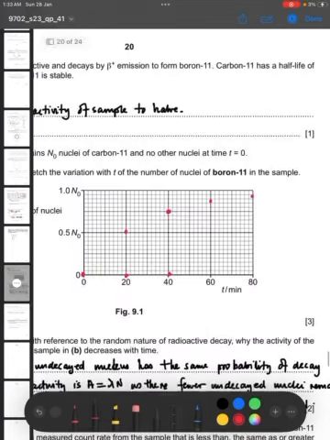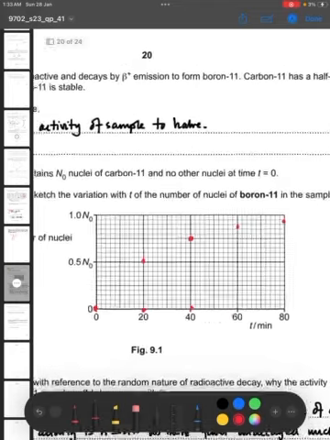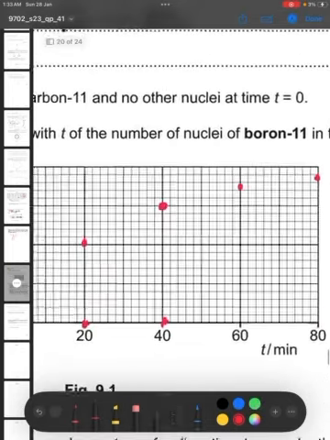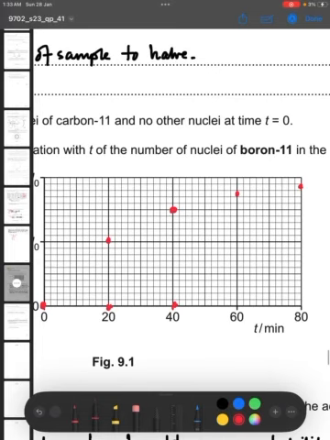So if you have to draw this graph, I think it's a nice curve that we can come up with if we draw it nicely. Let me try to join every point. Okay, it didn't come out too well. Let me try again.